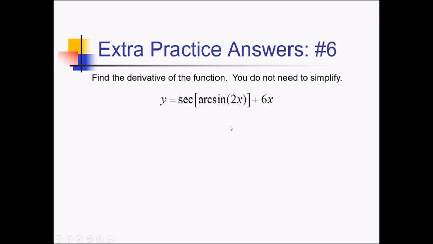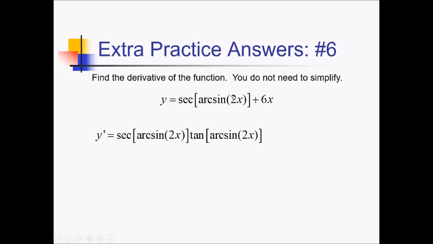On this problem, at least for part of it, I'm going to have to use the chain rule to differentiate here. So I've got secant of something, that's the outer function on this first term. Derivative of secant of something is going to be secant of something times tan of something. So secant of arcsine times tan of arcsine of 2x. And then, let's see here, we still have to multiply by the derivative of arcsine of 2x.